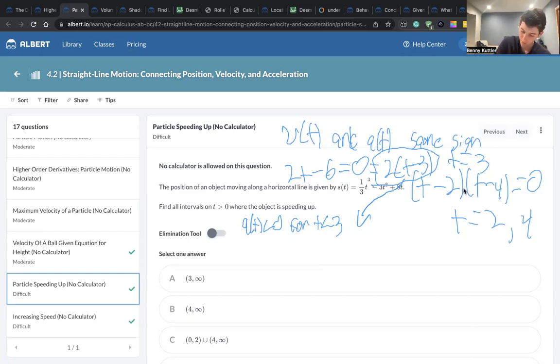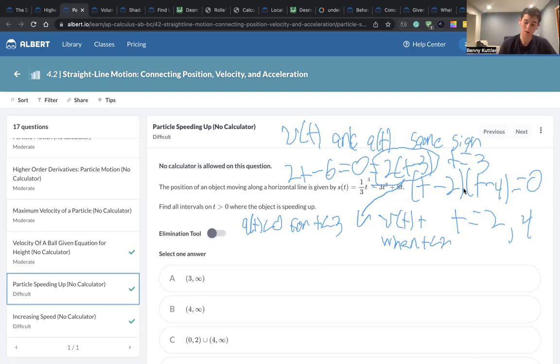So here, if we plug in 0, which is less than 2, we have 0 minus 2, negative 2, times 0 minus 4, negative 2 times negative 4. We have that the velocity is positive. So v of t is positive when t is less than 2.